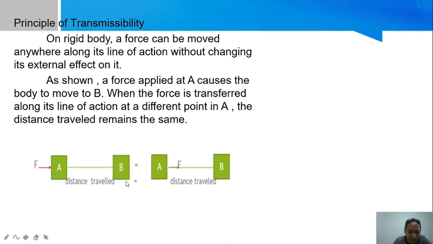The equal distances traveled are actually the principle of transmissibility. So as long as the force is applied on the same line of action, the external effect of the force will remain the same. So distances traveled are also the same because of the principle of transmissibility. This applies to a rigid body.